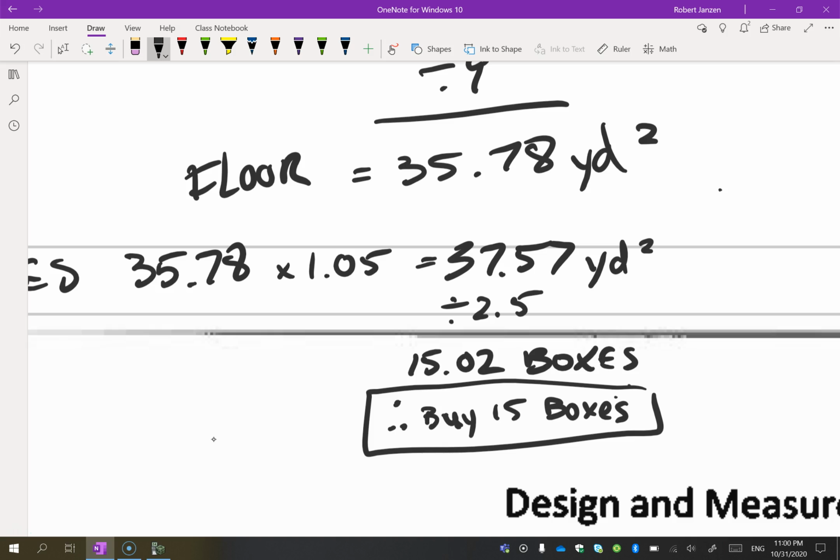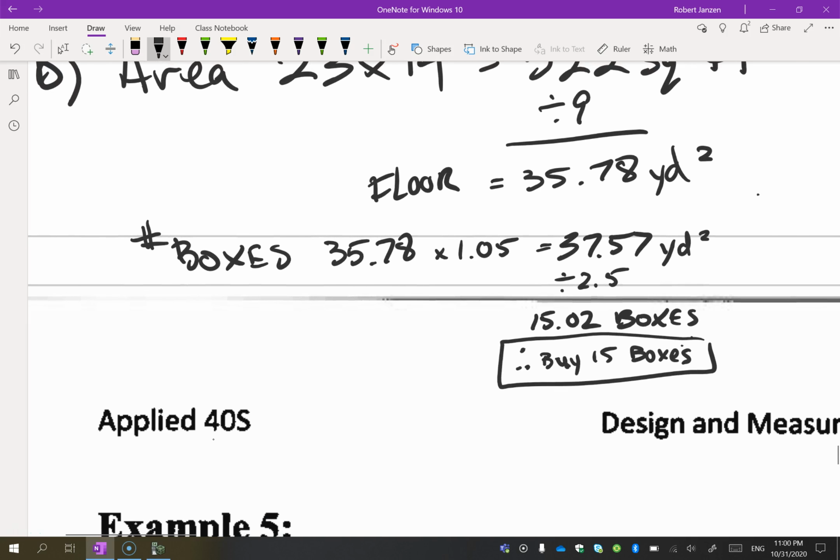Can you just go to the store and get another box anytime you want? Then just buy 15 boxes. If you're going to have to special order it and you're not going to be able to return it, then you're going to have to make a pretty tough choice, because if you can't get it later, you might want to buy the extra, but if you can't return it, you might not want to buy the extra. So those are some things to consider when you're making your final answer.